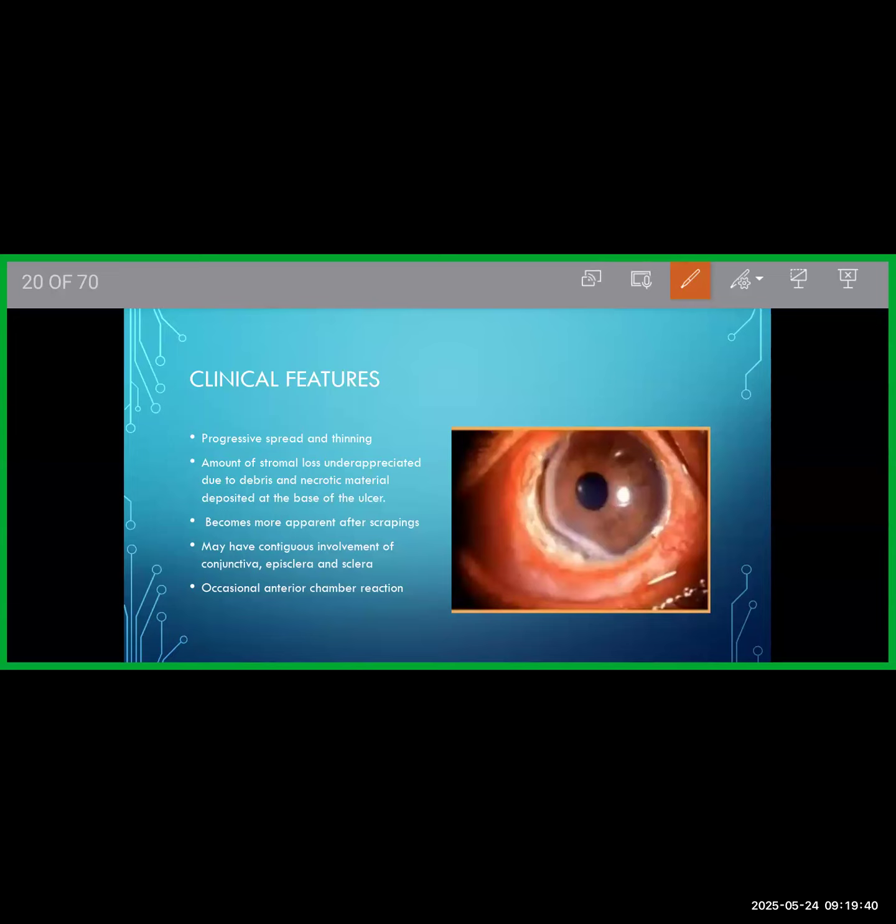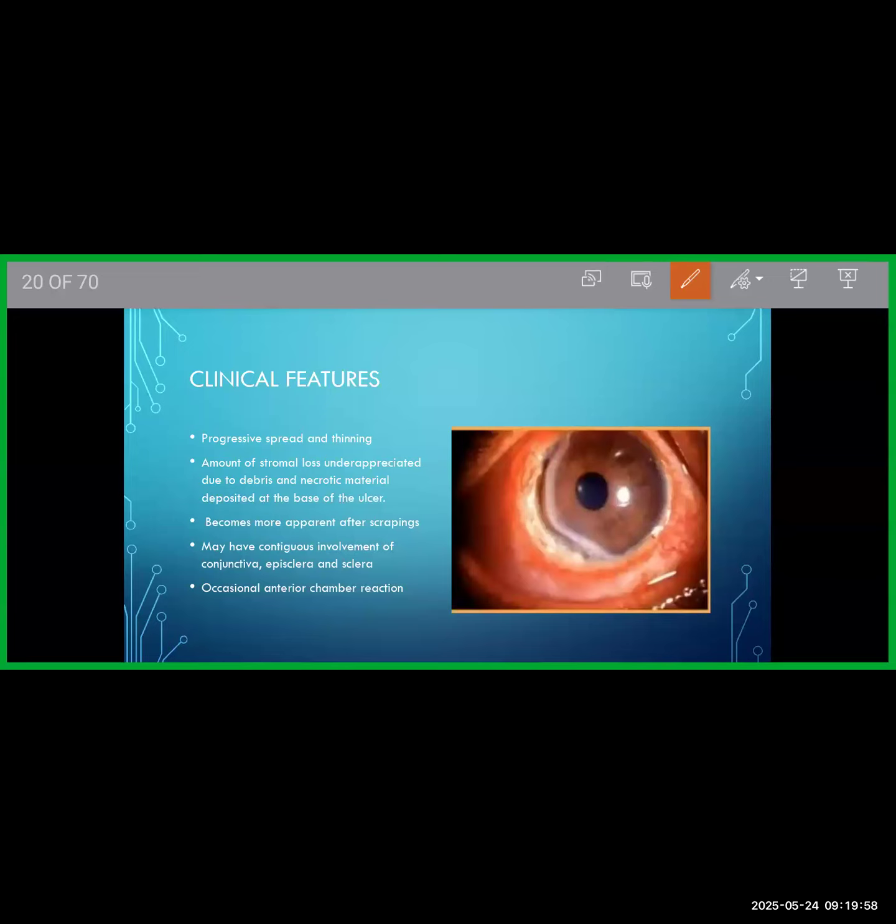So clinically, when assessing this patient, it is expected that we do corneal debridement to reveal the real depth of the stroma lost.